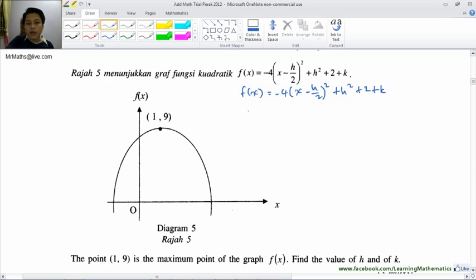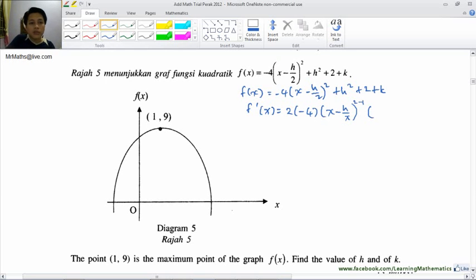So f prime x is equal to 2 multiplied with minus 4, and then x minus h over 2 to the power of 2 minus 1, and then multiply with the differentiation of the function in the bracket.